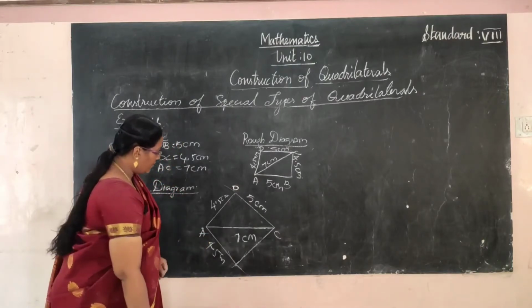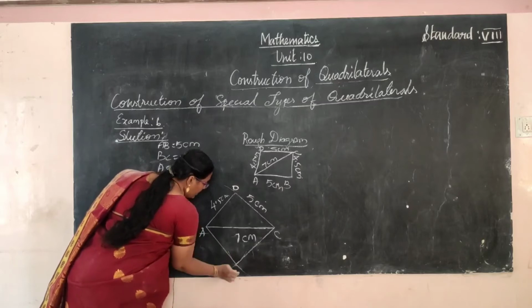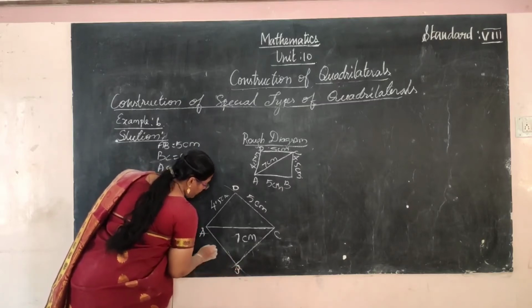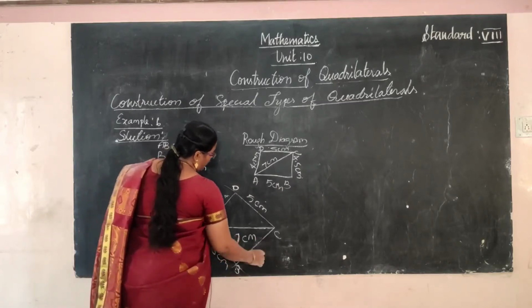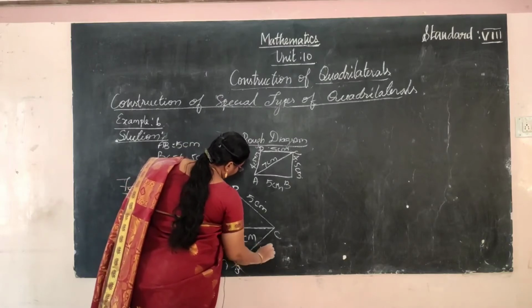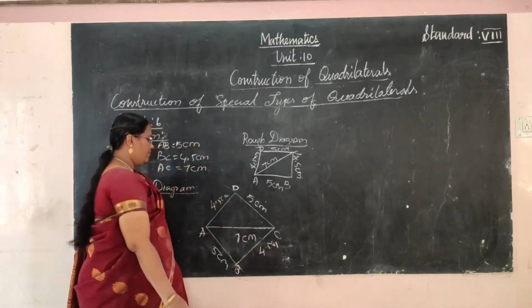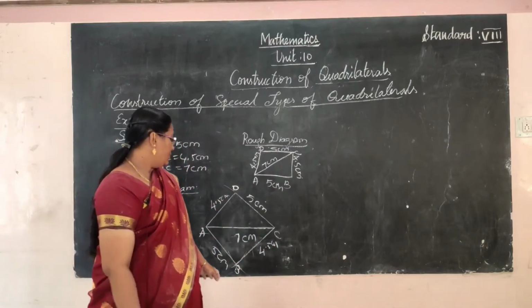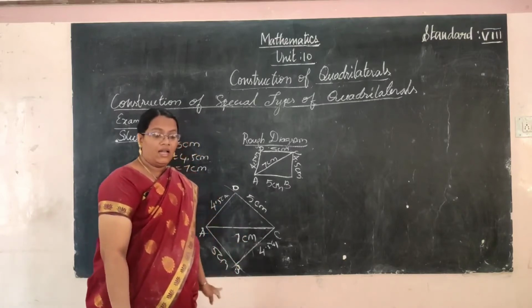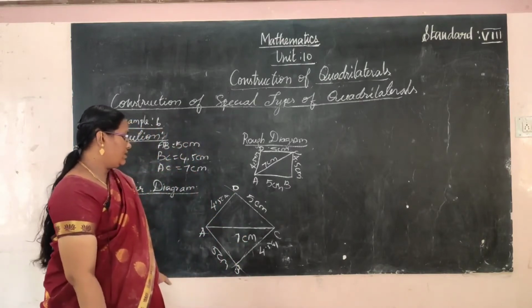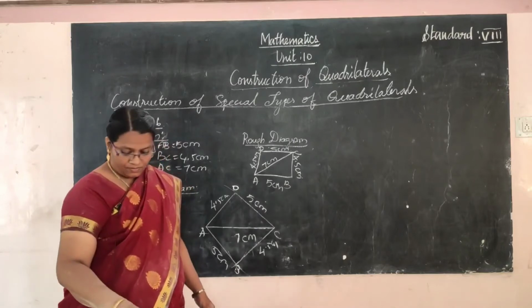AB is 5 centimeter and BC is 4.5 centimeter. Okay, so opposite sides are parallel and equal. That's it.